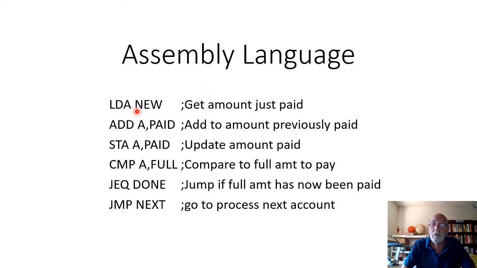You're going to load LDA, load A with the new, the amount just paid, and then add to that A register what they'd already paid. So now you've got their current value, and you store that back into paid. Then you compare A to full. Are they done? Have they paid the full amount? If not, you jump to next, get the next guy. If so, then you go to done.